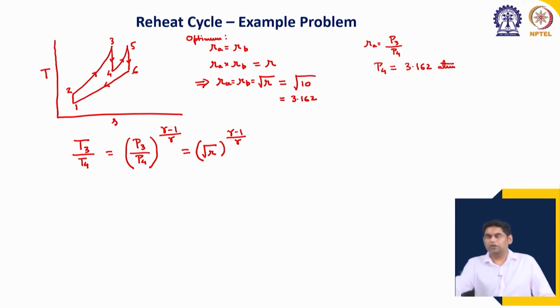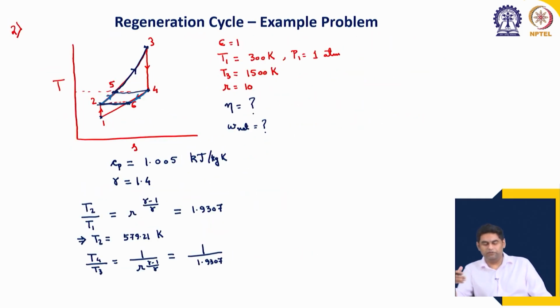Okay. So, combustion pressure. Now you have 3 levels of pressure. In previous problems we had 2 levels of pressure. Okay. The combustion pressure after the compression process and the pressure during the heat removal process, which is after the expansion in the turbine.